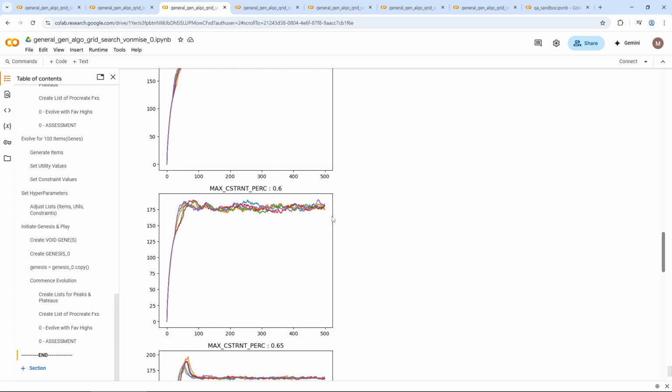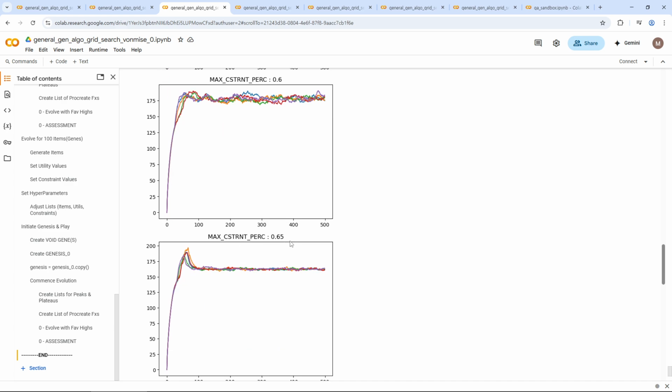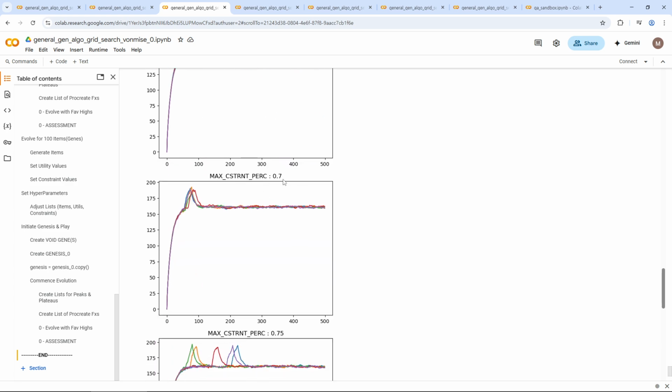Now we got some peaks, and then 65%. Now we have some peaks, and then we have a nice plateau at 160 or something. At 70%, still at 160, we do have some peaks.